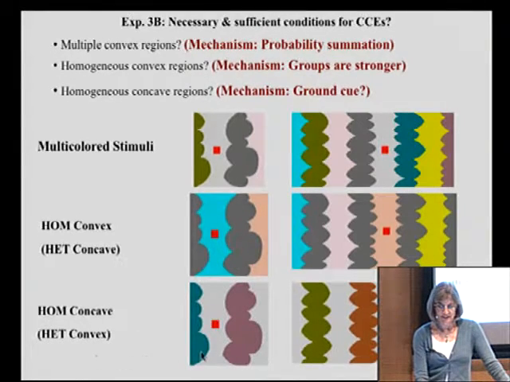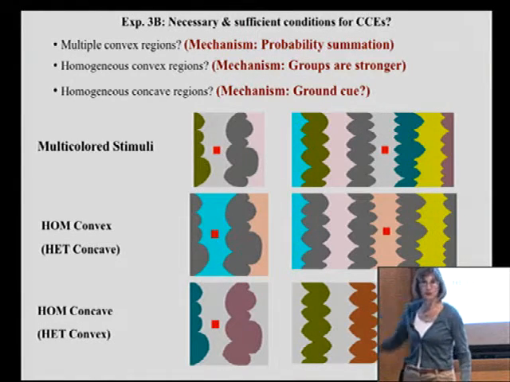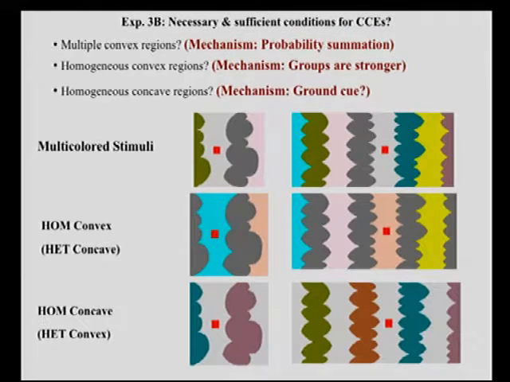And in the last case, we asked what happens when the convex regions are multicolored, but the concave are uniformly colored. And here, I'm not showing it to you on a medium gray background, but in our experiment, we always showed it on a medium gray background. And here in this display, the convex regions are always darker than the concave, but of course, this was reversed for half of the stimuli the subjects looked at.